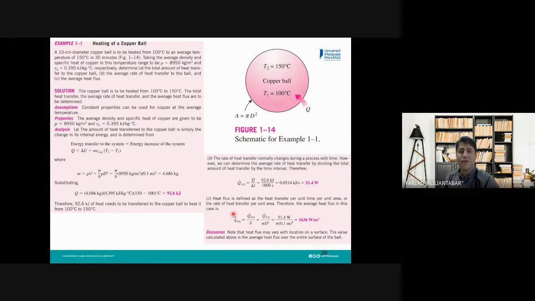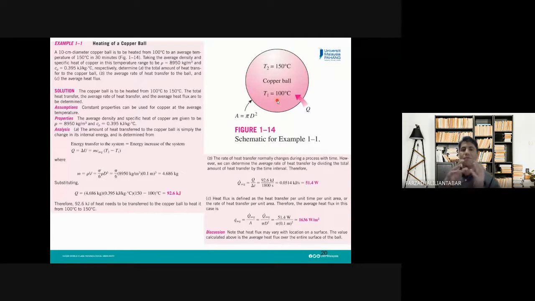In part C, we are going to calculate heat flux for this heat transfer process. Simply, if you remember, we have this equation, q dot average, lower case q dot, which is heat flux, means the heat transfer rate, or average heat transfer rate, divided by the area of the heat transfer. What is the area of the heat transfer for this ball?